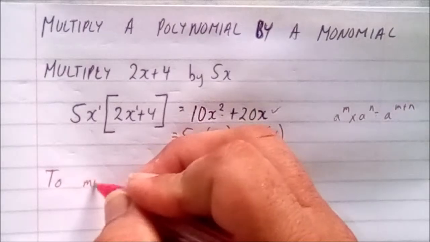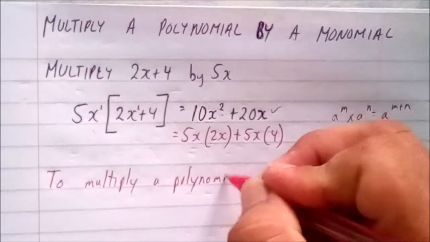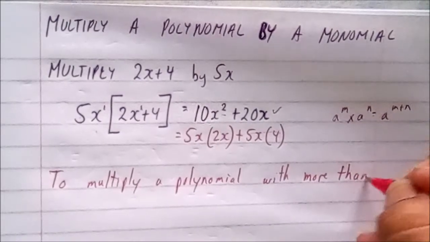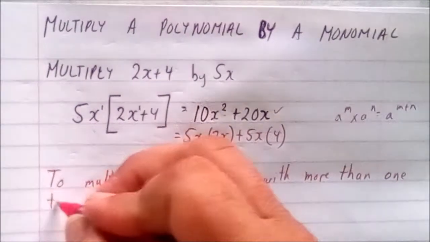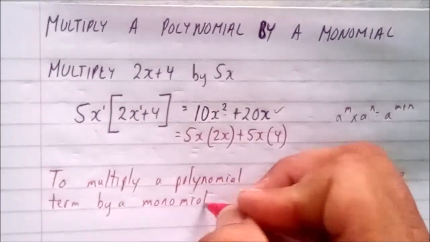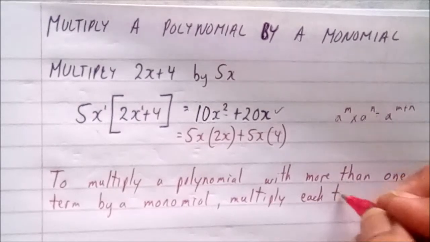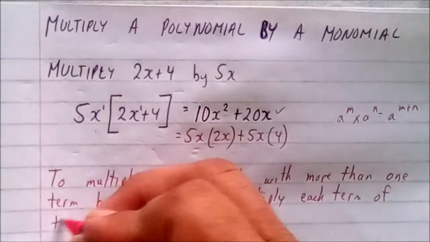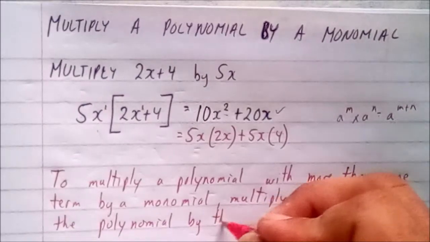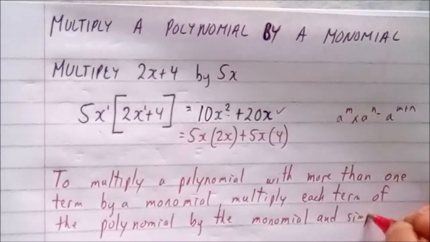To multiply a polynomial with more than one term by a monomial, multiply each term of the polynomial by the monomial and simplify.